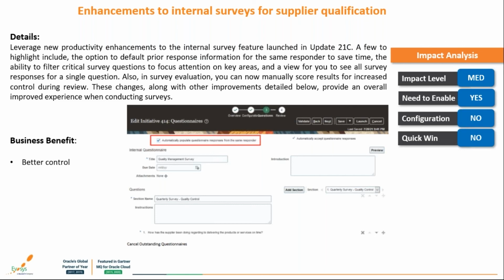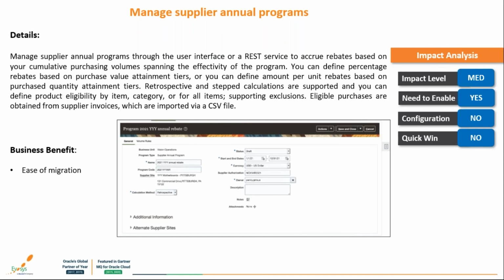The next feature is manage supplier annual program. With support of annual programs from suppliers, you can reduce margin leakage, get accurate claim computation, and reduce supplier rejection. You can reduce the cost to manage annual rebates. A streamlined process helps companies realize the value faster from annual rebate claims.